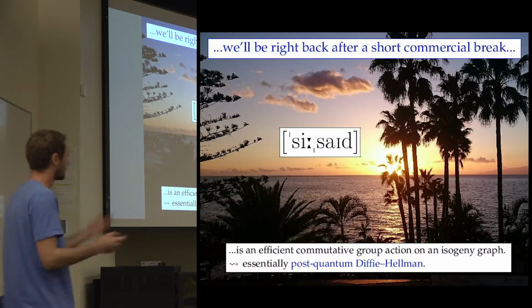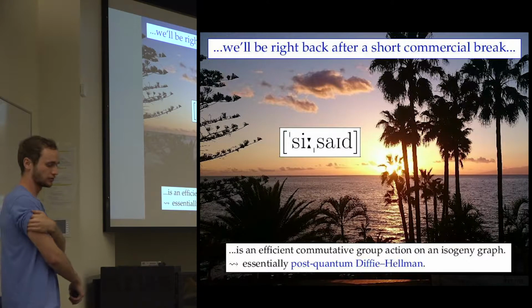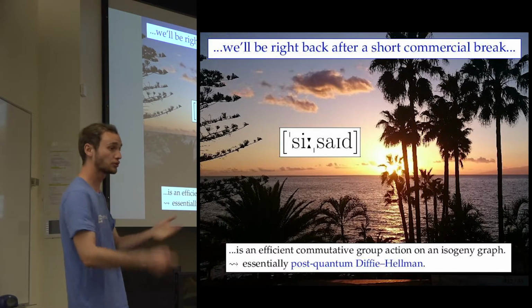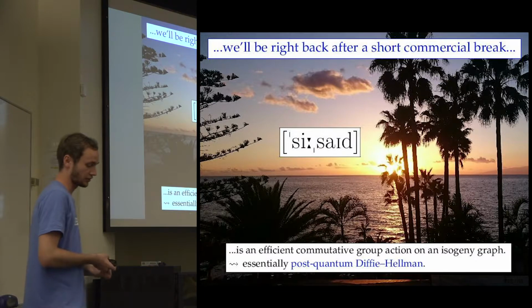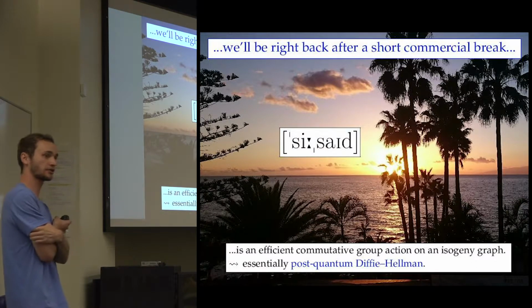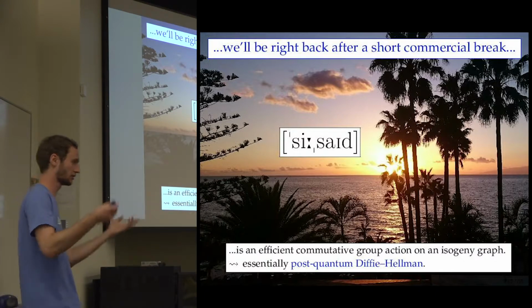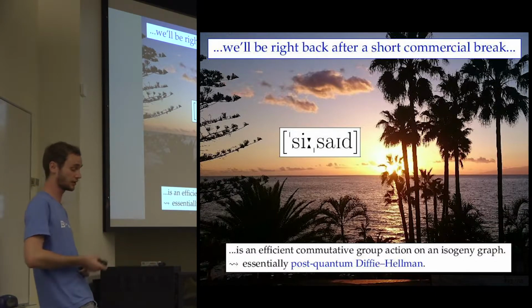Yeah, what it is: an efficient commutative action, blah, blah, blah. The main application that we proposed in the original paper is post-quantum Diffie-Hellman. So you get the 2 things that many other post-quantum schemes lack, namely the interactions between Alice and Bob are truly symmetric. It's like original Diffie-Hellman, everybody does the same stuff. There's no distinction between an initiator and a responder in the protocol.